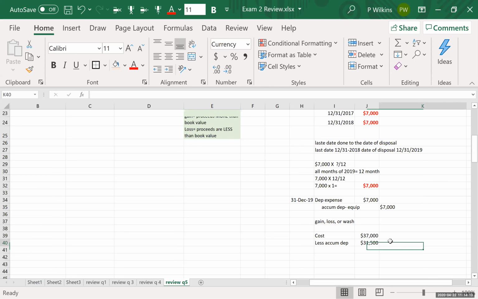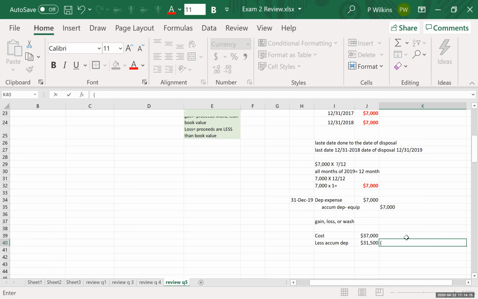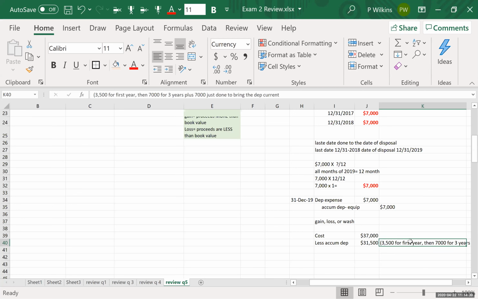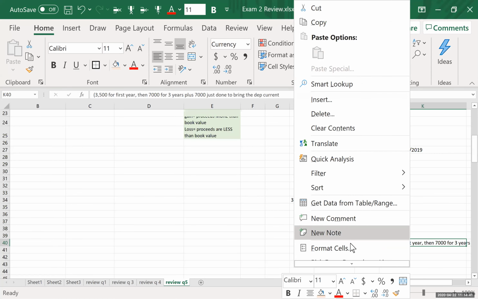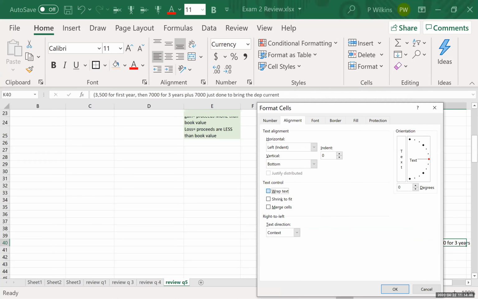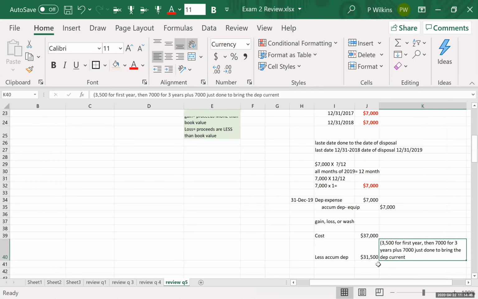And I can put over here, this is 3,500 for the first year, then $7,000 for 3 years, plus 7,000 to bring the depreciation current. So when you go back and look at your notes, you'll know that that's where that came from.